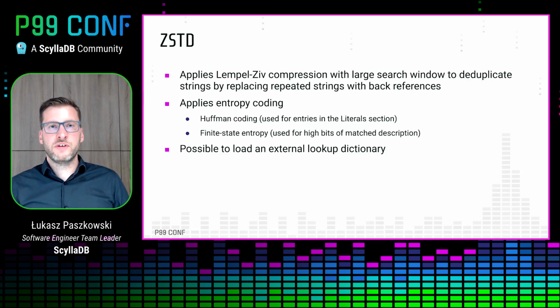ZSTD is another efficient lossless data compression algorithm, designed as an alternative to the existing compression methods, offering better compression ratio and higher decompression speed. The algorithm is particularly well suited for scenarios where high compression ratio and low latency are required.